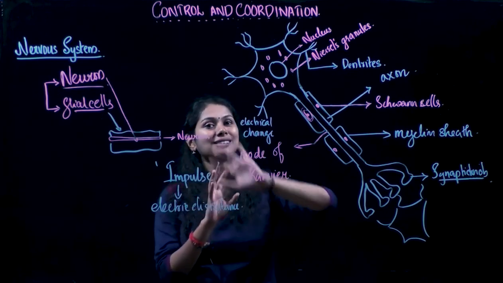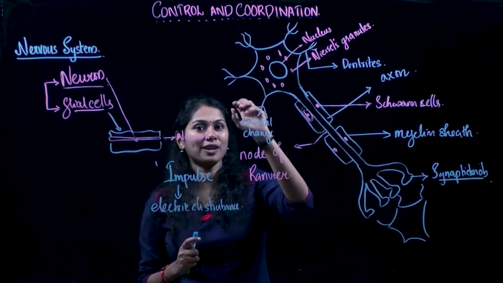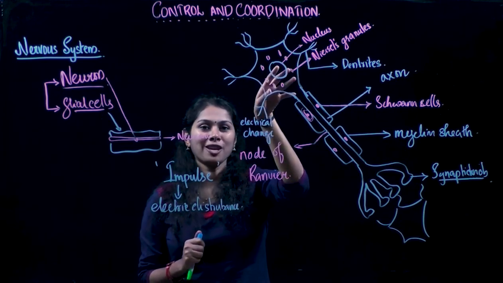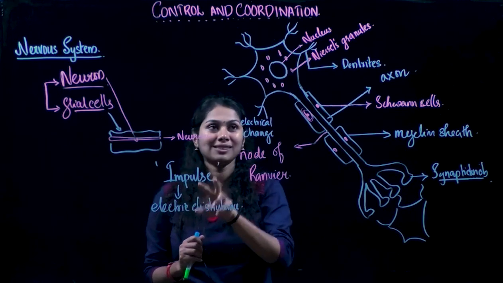So from these sense organs, the dendrites collect the information, the disturbances, and take it to the cell body, where the disturbance is converted into an electric charge or impulse.